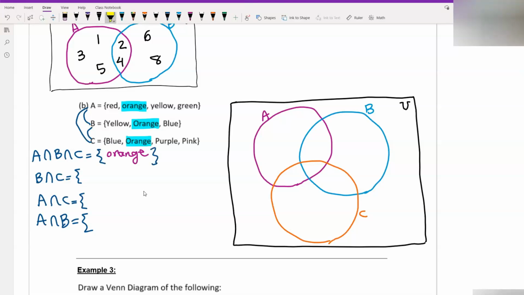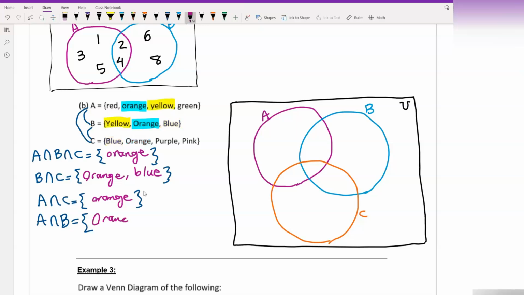Now between B and C, between A and C, orange, we don't have anything else. What about A and B?